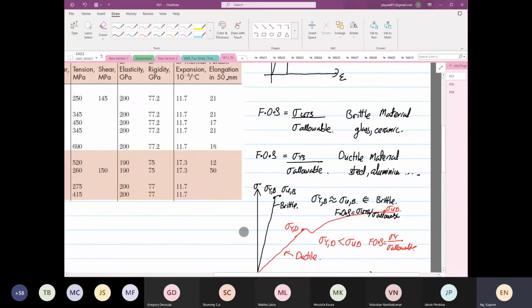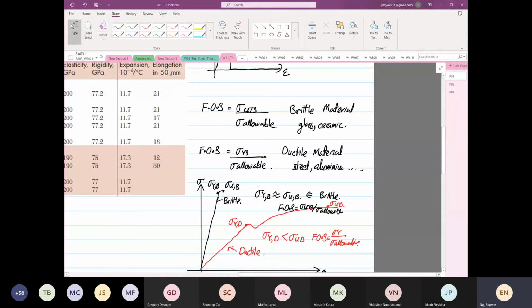So last week where we finished off is the factor of safety. Is it ultimate strength divided by allowable? The textbook highlights that it is the ultimate strength divided by the allowable.